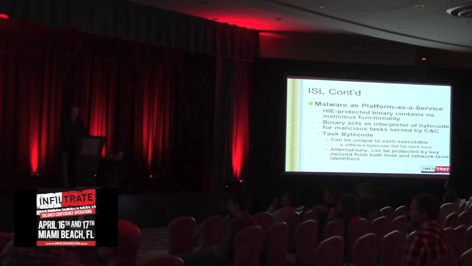So in short, the HIE protected binary doesn't have any embedded malicious functionality. It is just an interpreter for bytecode representing an attacker-decided instruction set architecture. And it will fulfill the execution semantics of what the attacker wants to do by being fed tasks, basically tasks that contain bytecode, and it will interpret that bytecode to execute.